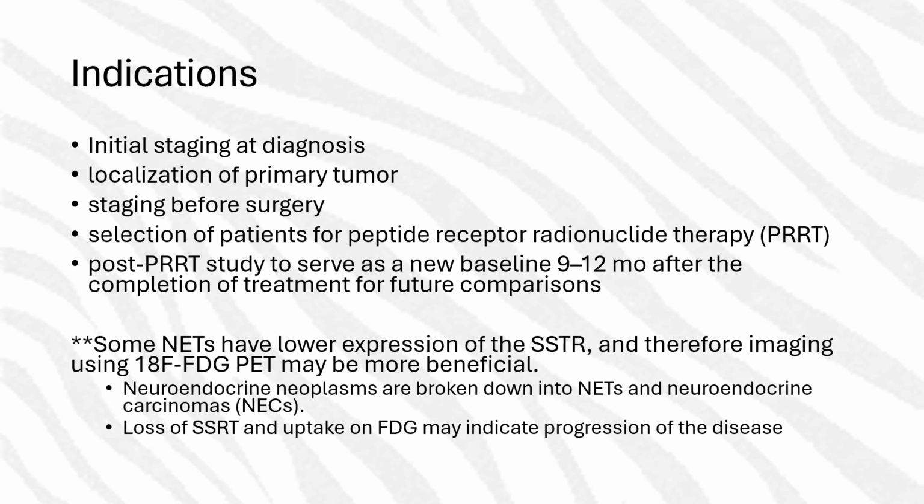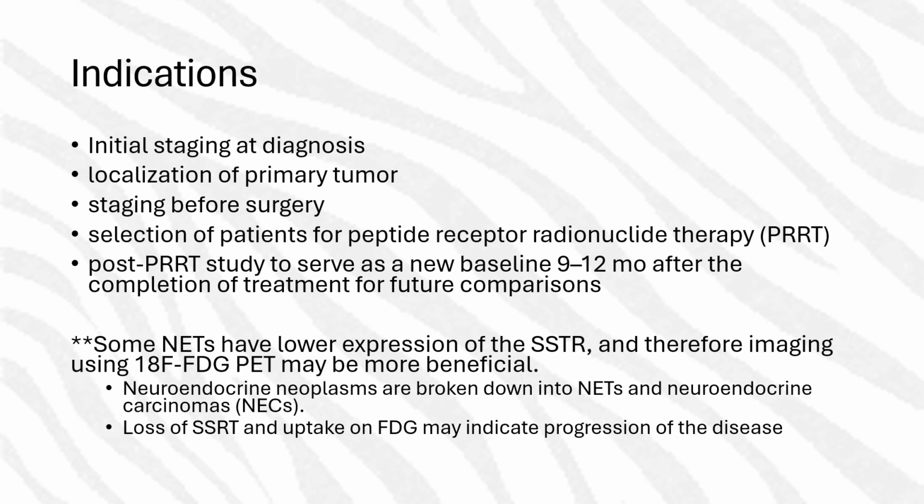So, indications for neuroendocrine tumor imaging: initial staging at the diagnosis. It's used to localize primary tumors, staging before surgery, before or after or during treatments, and selection of patients for peptide receptor radionuclide therapy. That's that lutetium 177 therapy for neuroendocrine tumors.